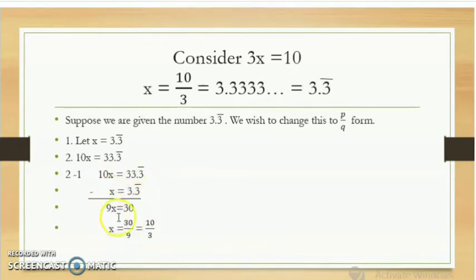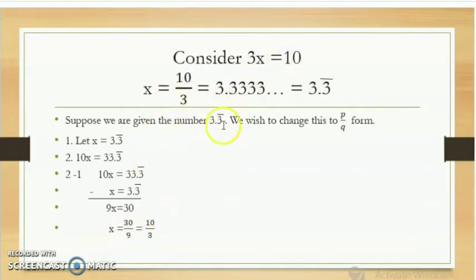So now it is easy for us, because if this repeating part is there, it becomes very difficult for us to calculate the answer. So we have 9x is equal to 30, so x is equal to 30 by 9. Again we can divide by 3 in the numerator and denominator, and we get 10 by 3, which is our answer.